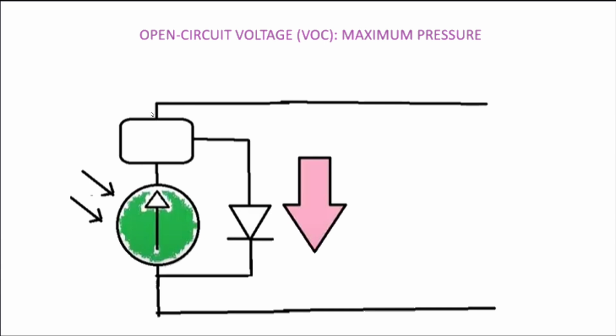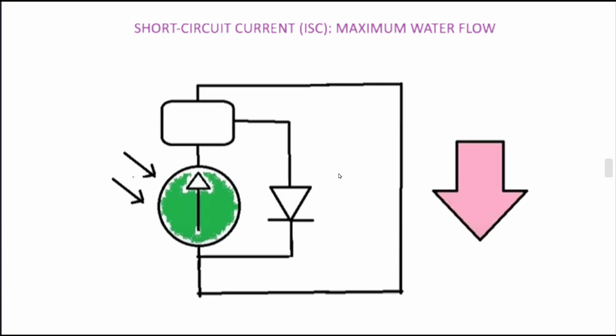So in this condition, the maximum 5 units of pressure is being developed in this tank, which is the open circuit voltage.